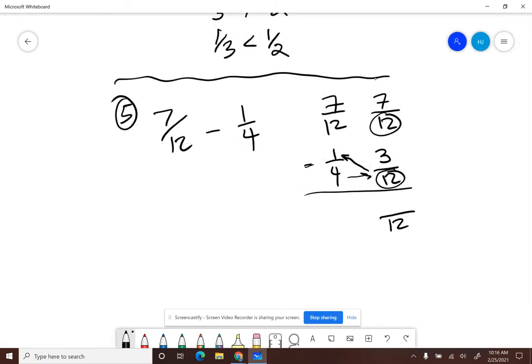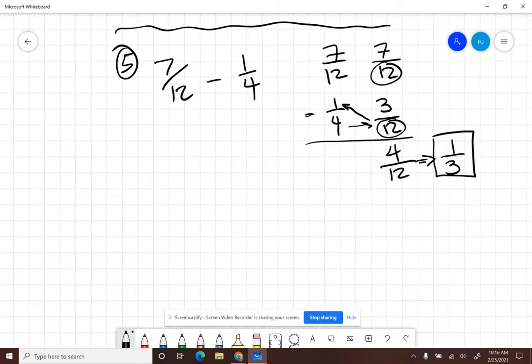So it's still going to be 12, but I'm going to take the 7 minus the 3, which is going to be 4. But is that a simplified fraction? Uh-oh, it's not completely simplified, right? There's still some like terms here. So 4 will go into 4 one time, and 4 will go into 12 3 times. So this would be my final answer, okay?